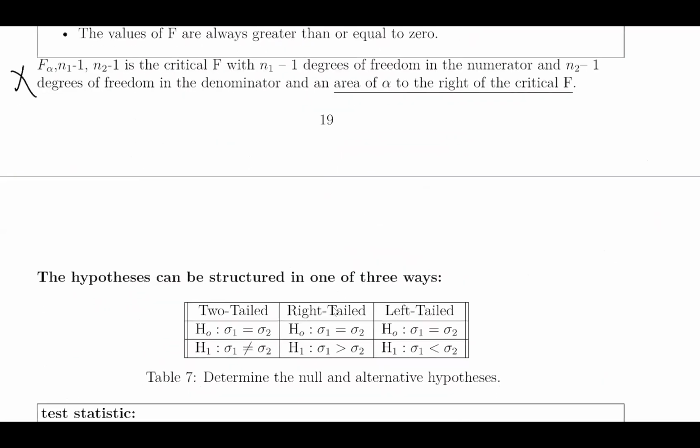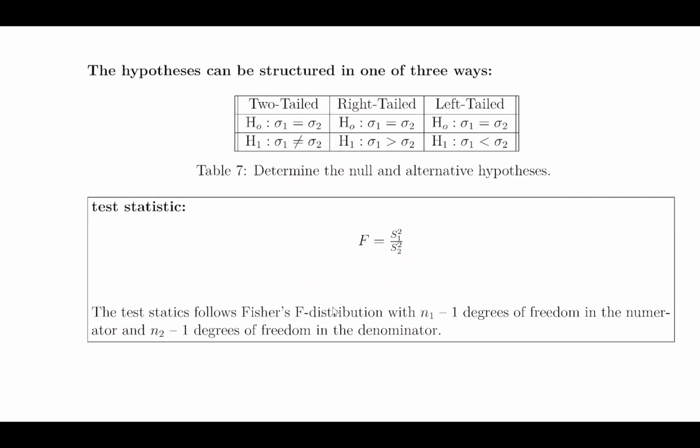Right, so let's get into this. If you look at the null and the alternate hypothesis, they're the same as before. The only thing changing is that instead of mu, we're using sigma. So we're saying sigma 1 is equal to sigma 2, which just means the two standard deviations of those populations are similar to each other.